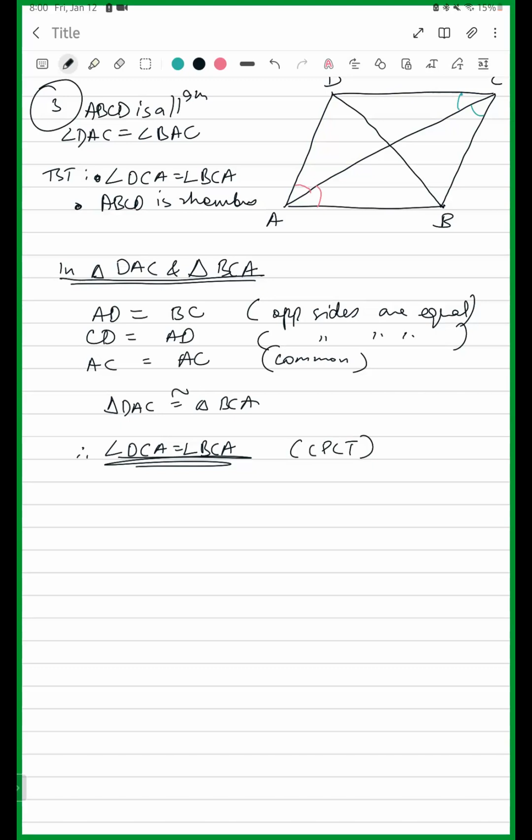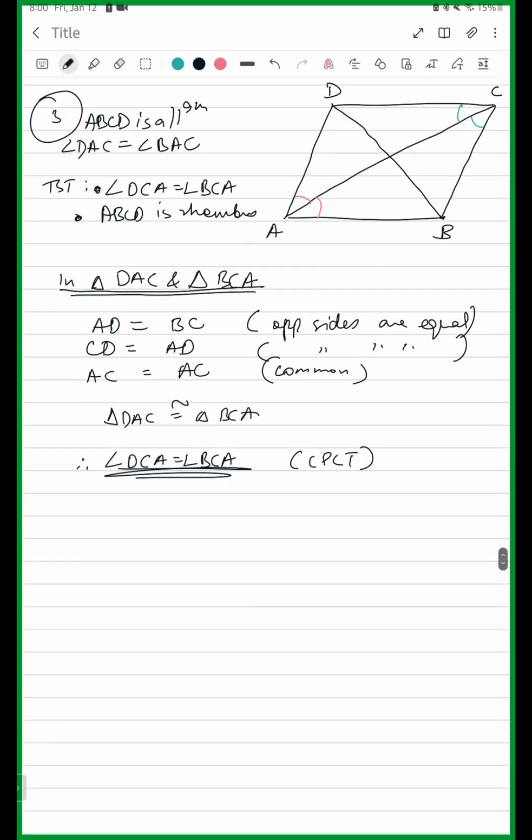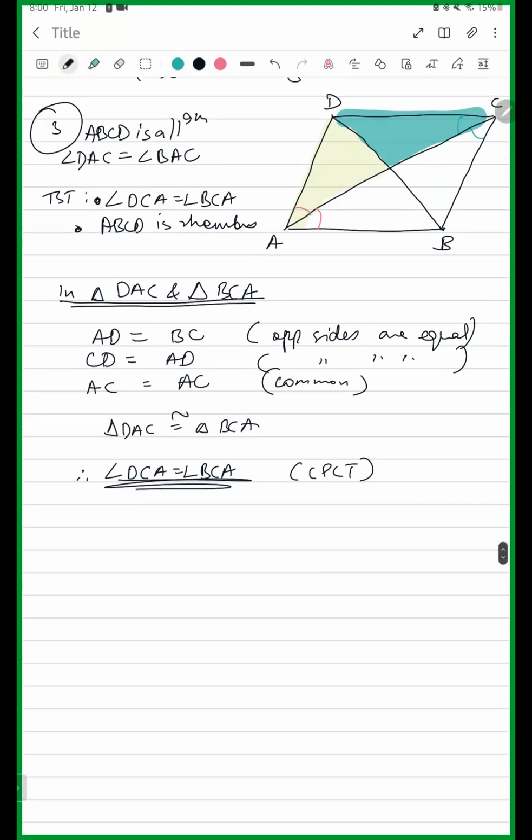Yeah. So in this, we need to take these two triangles. If you have to show that it's a rhombus, take this one and this one. Just a minute. Before this, we need to do one more thing. Opposite sides are equal, but here these are not opposite sides yet.